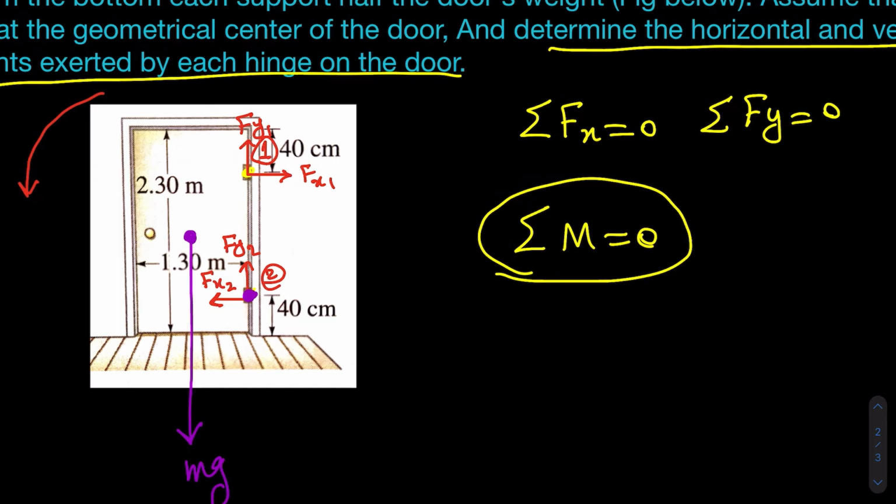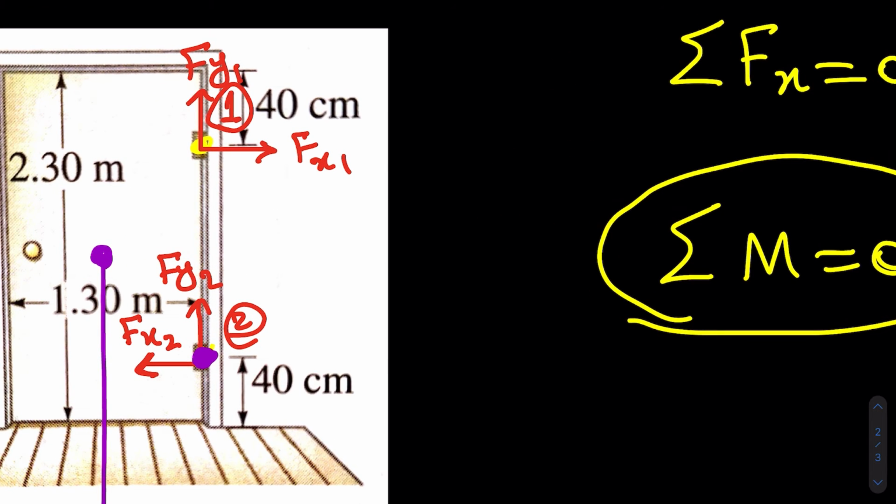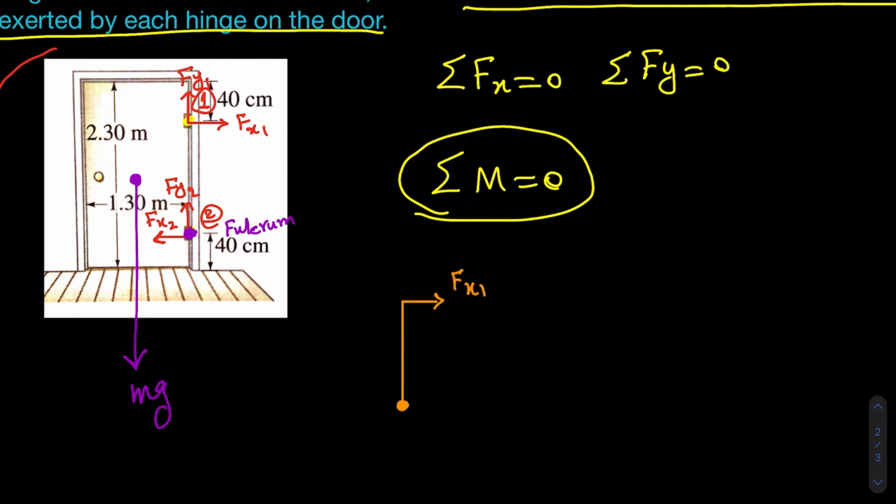One is fx1. There is a distance between fx1 and the fulcrum, and the force is perpendicular to the distance, therefore it will create a moment of force, a turning effect or a torque.